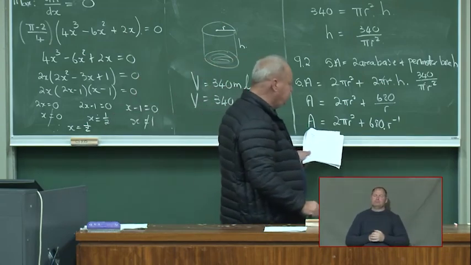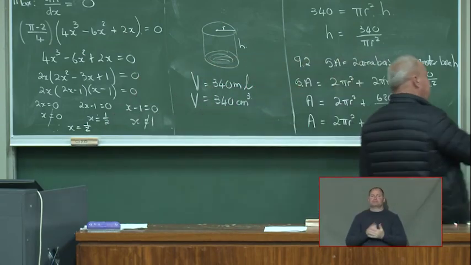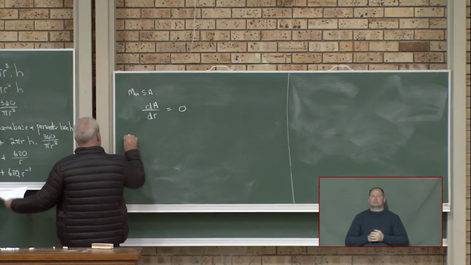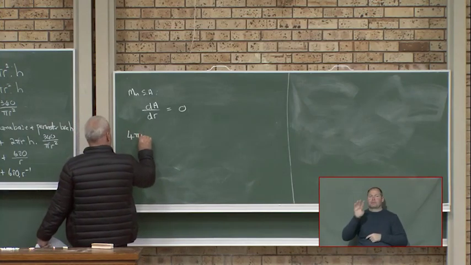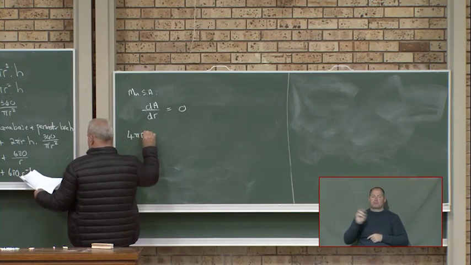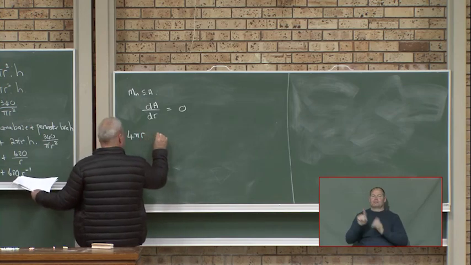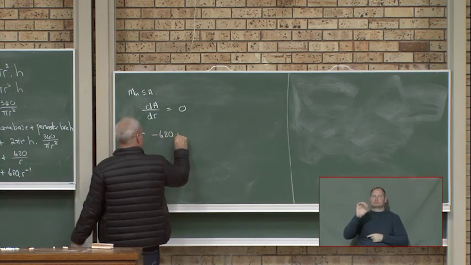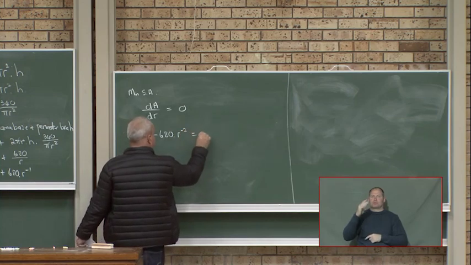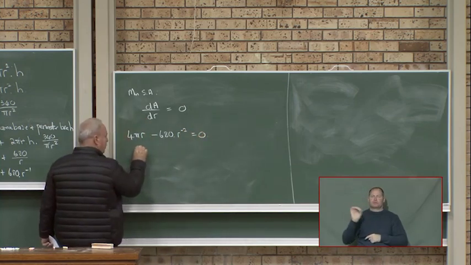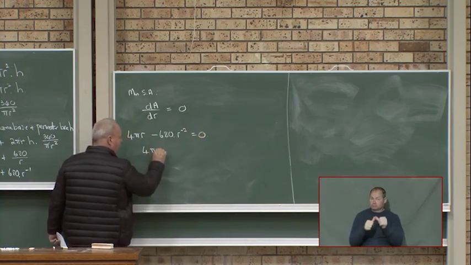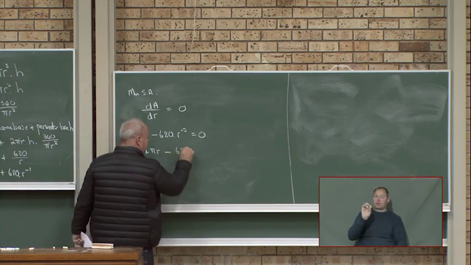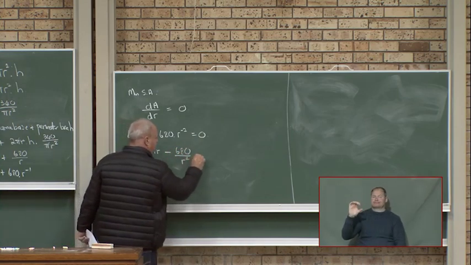So let's differentiate this. This here is equal to 4 pi r, correct? Negative 1 times positive 680 is negative 680 times r to the power of negative 2 is equal to 0. So we can say 4 pi r, I'm going to do every line, minus 680 over r squared equal to 0.